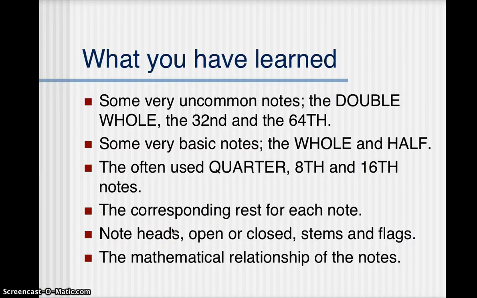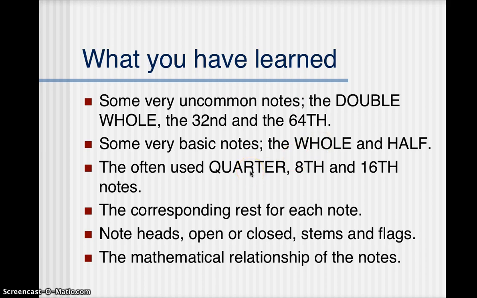Yay. In conclusion, here's what we've done. We've learned some very unusual notes. You'll never see these notes in your life, probably, but if so, you know what they are. The double whole note, that round open note head with the brackets on it. The 32nd note with 3 flags and the 64th note with 4 flags. Some very, very, very basic notes, the whole and half note.